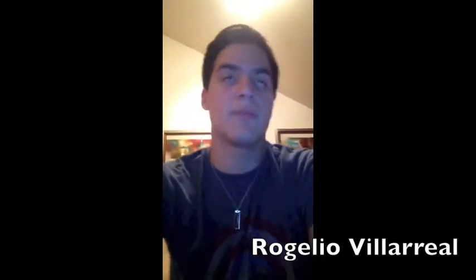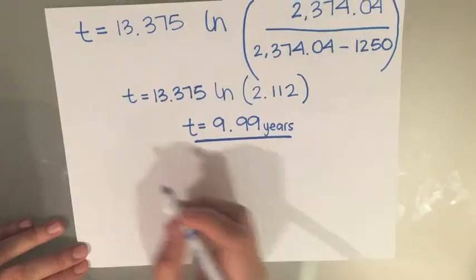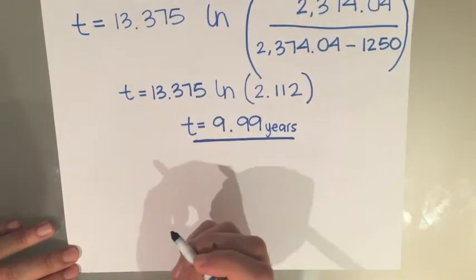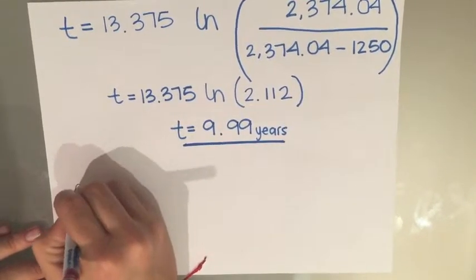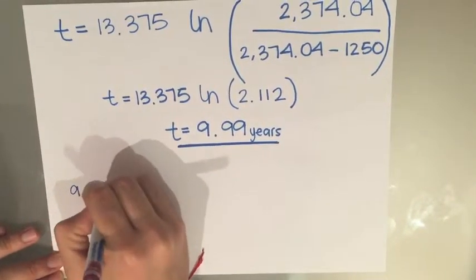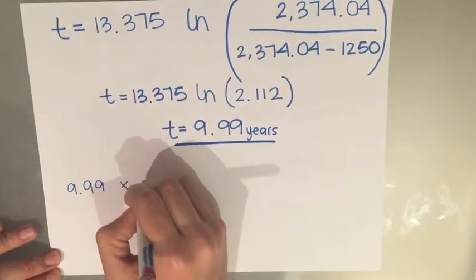First, you need to replace the x with its value, that the value is 2374.04. Then after you complete the equation, you get time. So time is 9.99 years. Then that time, you multiply it by its months.